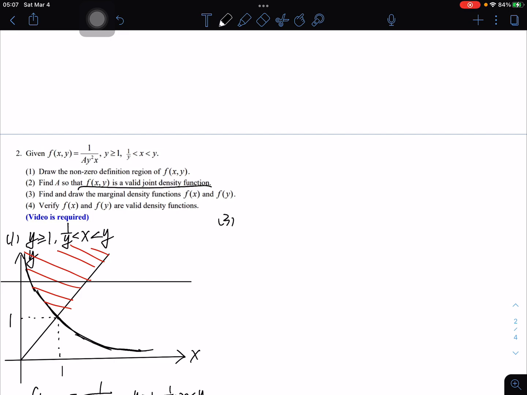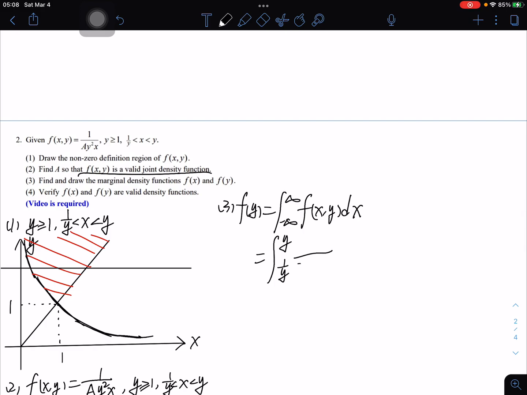In this way, first let's solve f_Y, which equals the integral of f(x,y) dx from 1 to y, which equals the integral of 2 y squared dx, right?